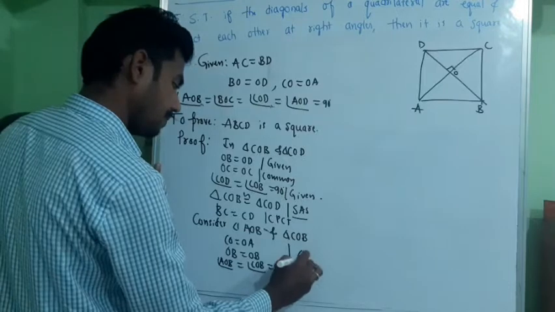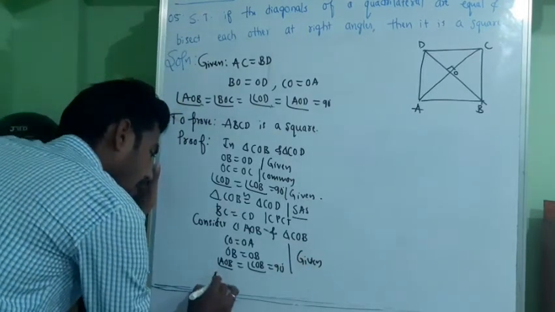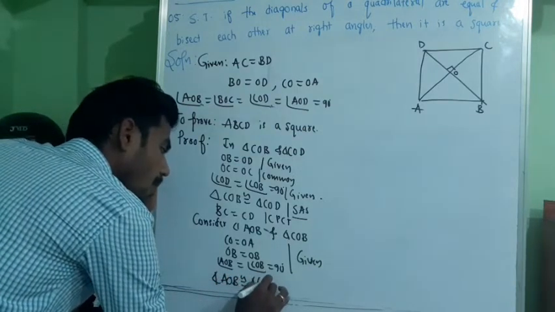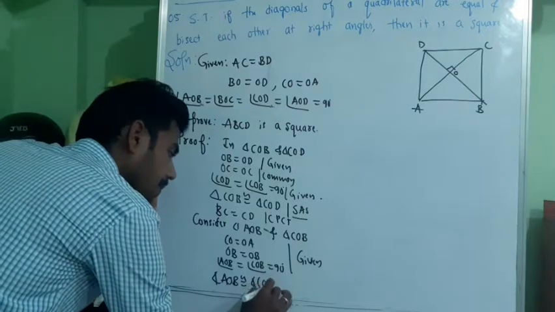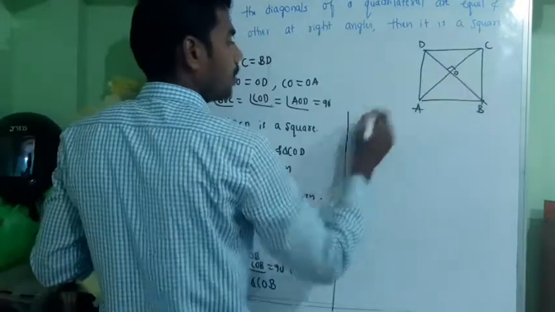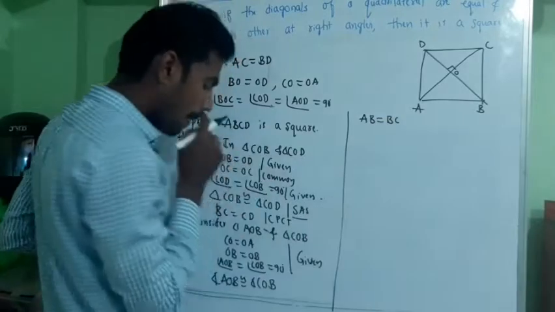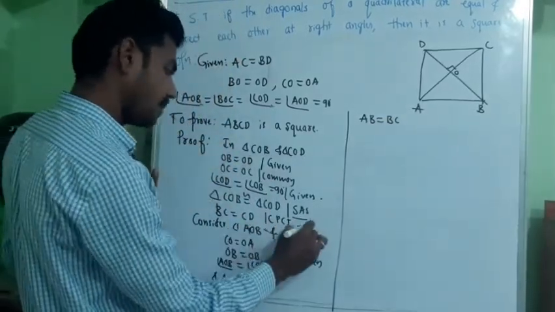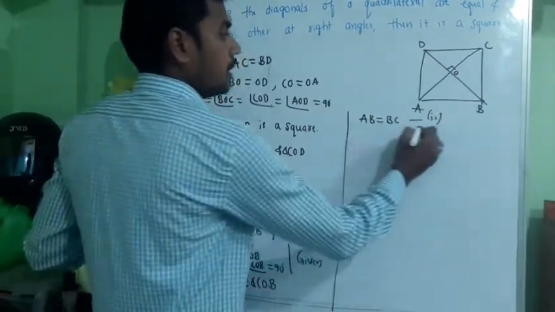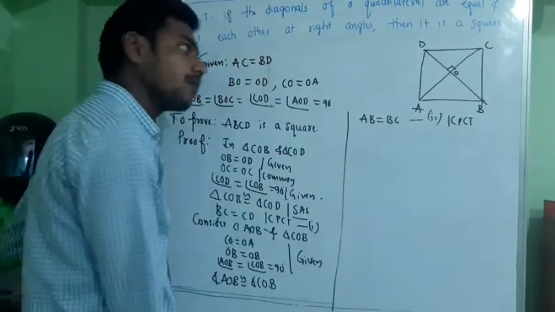These all are given. Therefore, triangle AOB is congruent to triangle COB. So, because of that, what can I write? AB is equal to BC. If I call the earlier one equation 1, I can call this equation 2. This is because of CPCT, corresponding parts of congruent triangles.